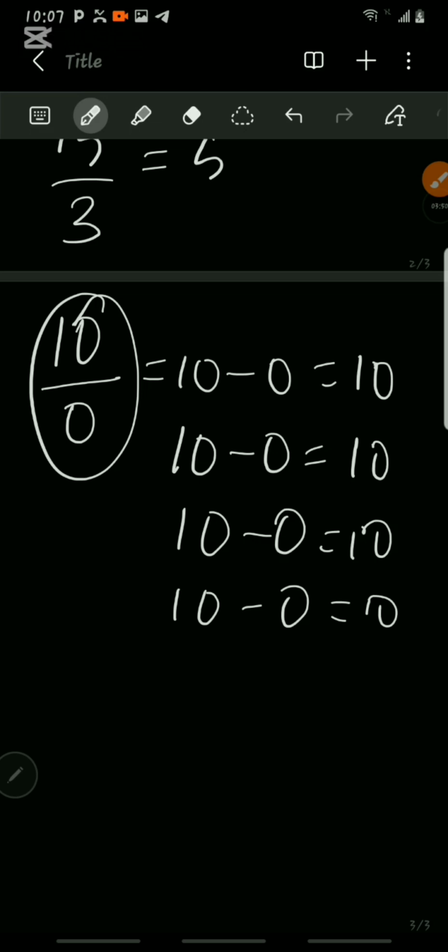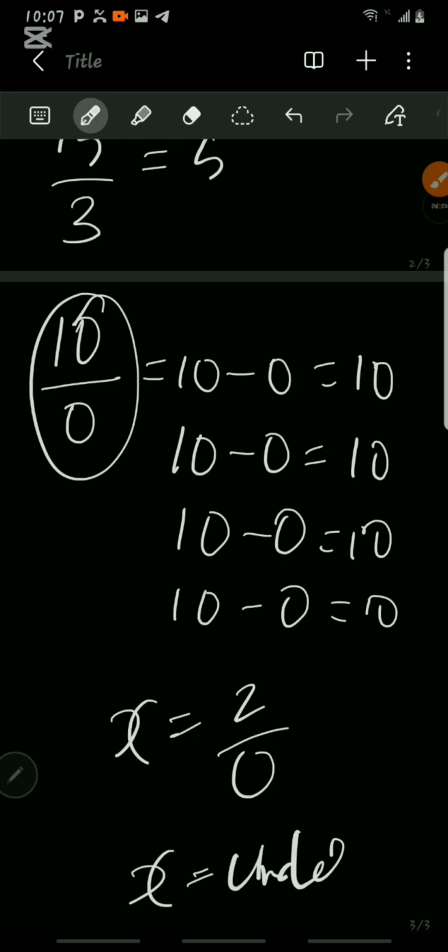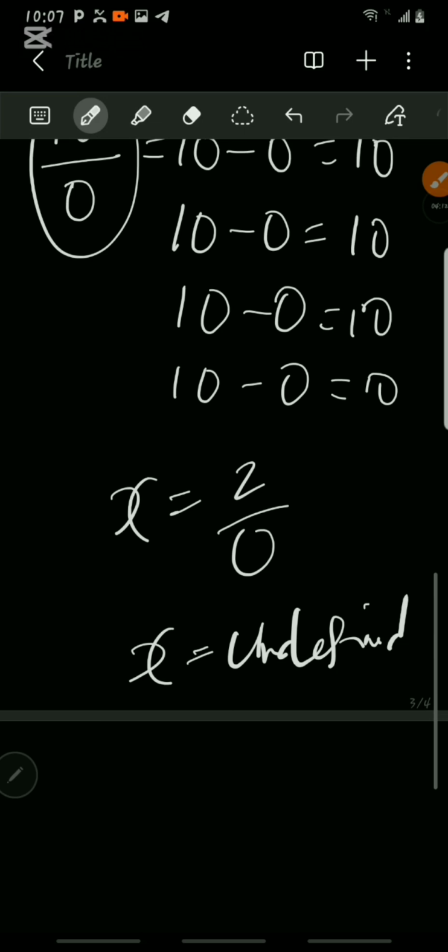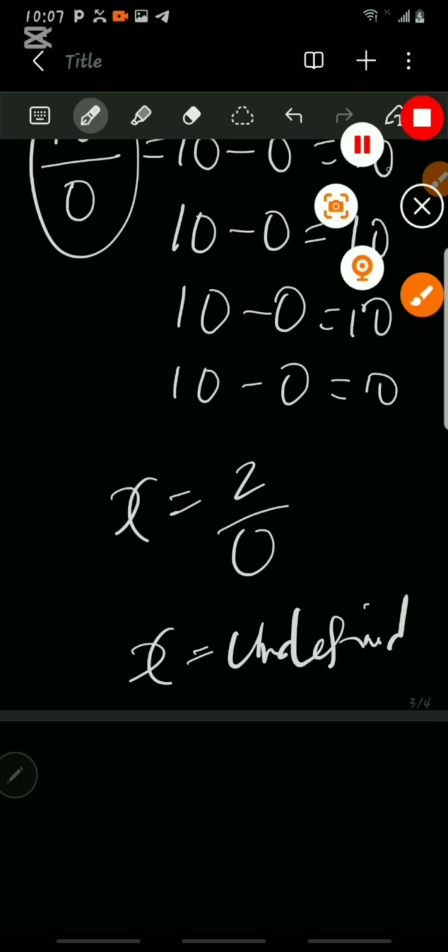So anytime you are solving a question and your solution leads you to something like maybe you got x as 2 over 0, just know that that answer is undefined. Right? That answer is undefined. Now that we've understood the concept of undefined expressions, let's answer a question on this same problem.